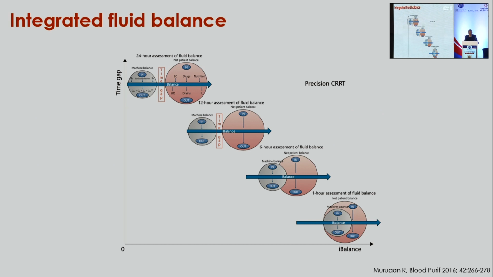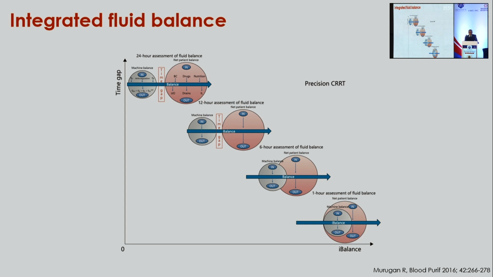This is a proposal that had come from the AKI meeting, wherein they looked at integrated fluid balance. Very often we are looking at fluid balance goals that we define for prolonged periods of time. Though the fluid balance gives us a composite of what happened to the intake and output, it does not tell us anything of how the vascular volume behaved as this fluid balance was being achieved.